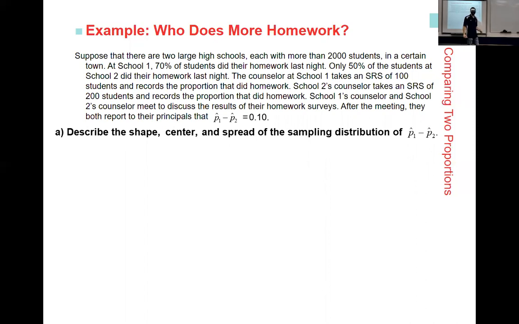First, we want to talk about shape. The key thing here is that we need to check normal for both of these proportions. So basically, we're going to end up checking normal twice. We're going to check n times p and n times 1 minus p for school 1. And we're going to check n times p and n times 1 minus p for school 2.